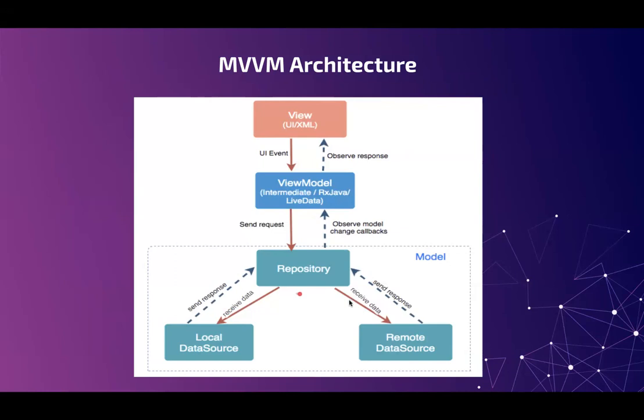Okay. The other thing that I have mostly seen with MVVM architecture is reactiveness. You guys should really pay attention to these arrows. The arrows have a significant meaning.